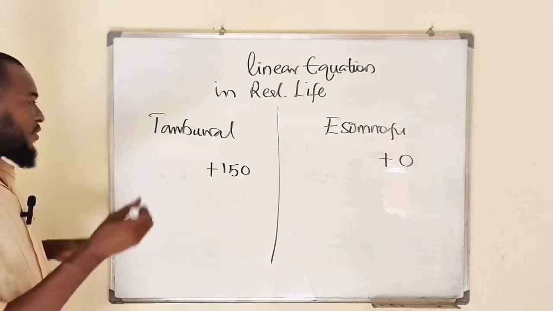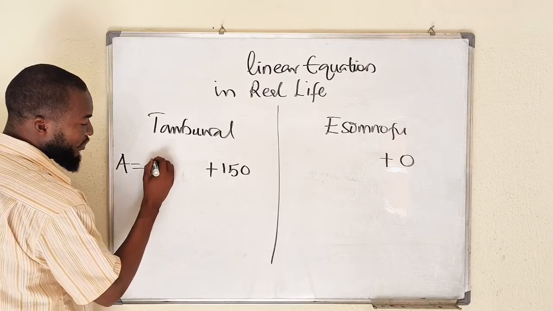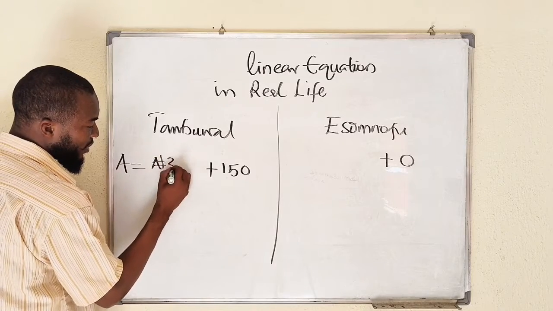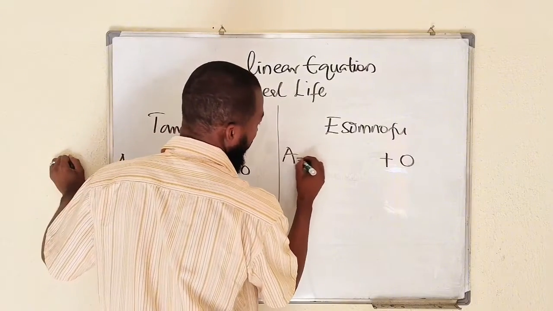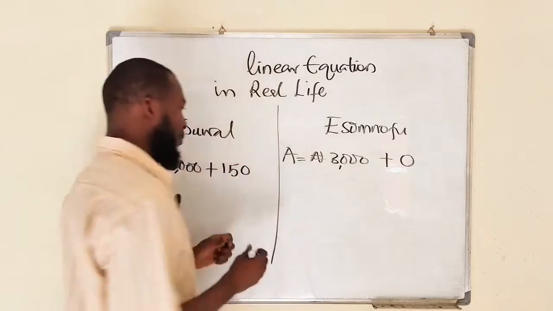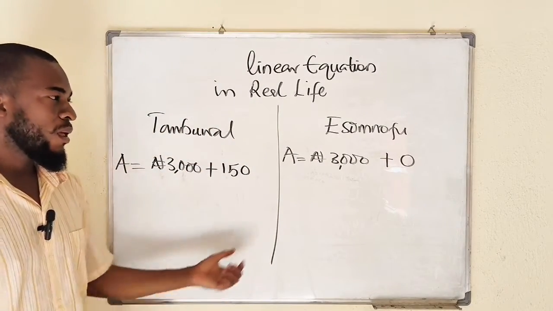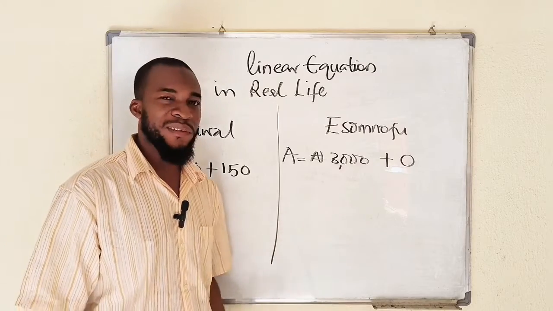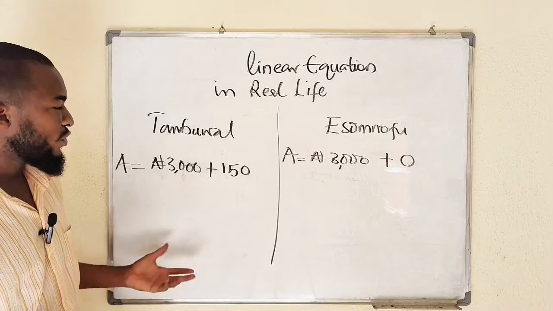All right. So you can see that in the first week, if we deposit 3,000 Naira each, my total amount will be what? 3,150 Naira, while Mr. Isomnofu will have what? Only 3,000 Naira. Why do I have much?